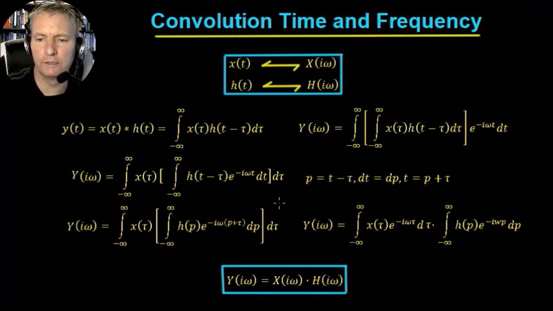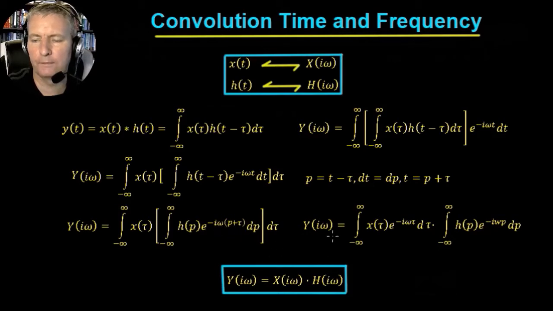Substituting these in, we have your x of tau and your d tau, the t minus tau as your value of p, dt equal to dp, and the t there is p plus tau. So you can split this exponential into two components: an e to the minus i omega p, and an e to the minus i omega tau.